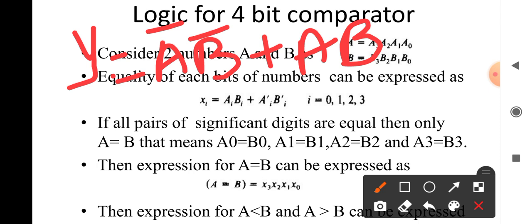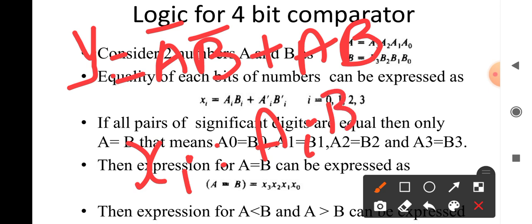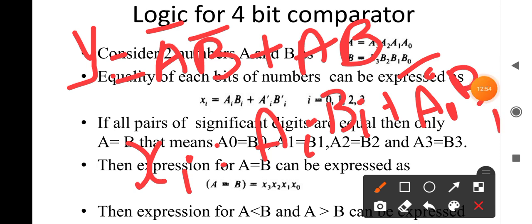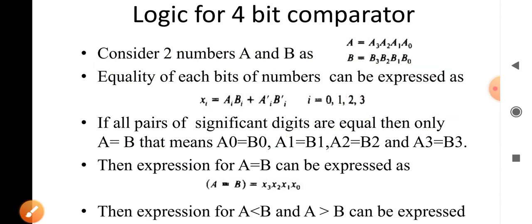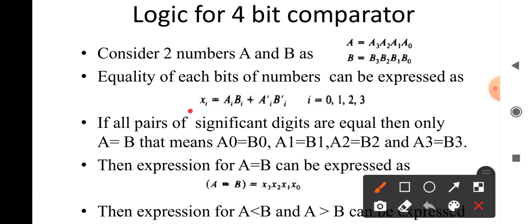So that is why here we are taking Xi is equal to Ai into Bi plus Ai complement into Bi complement. Fine. So that is the reason why we are taking this.